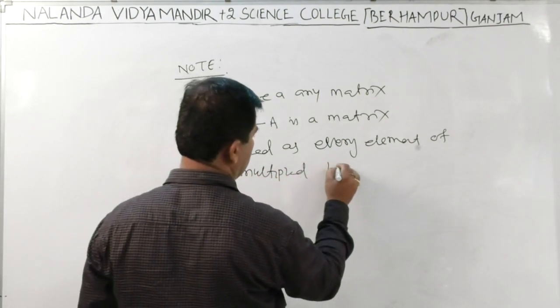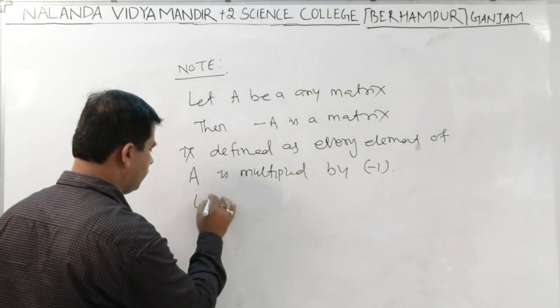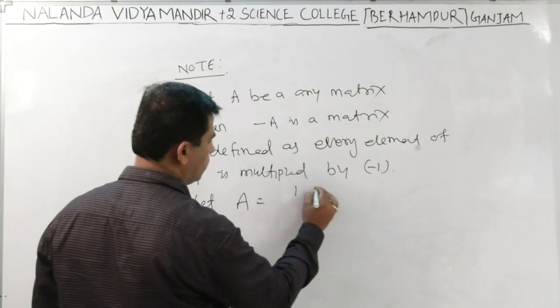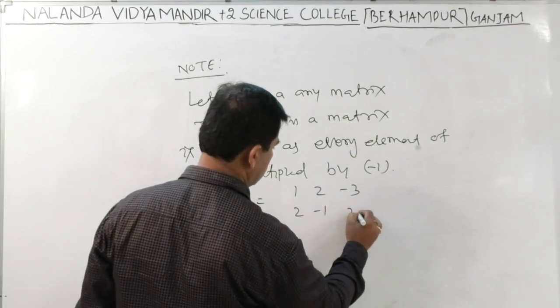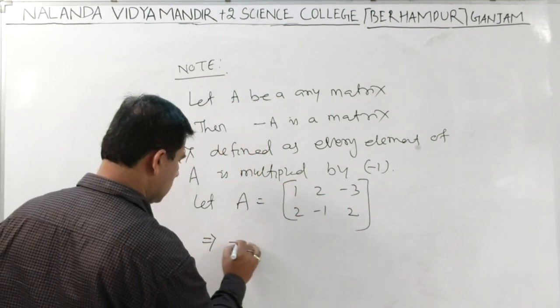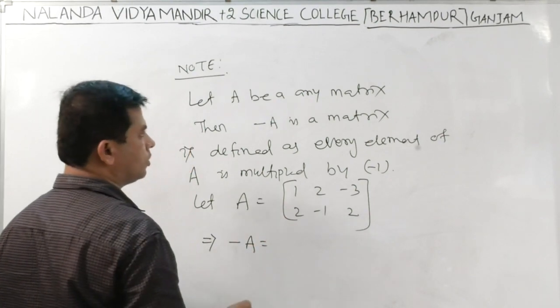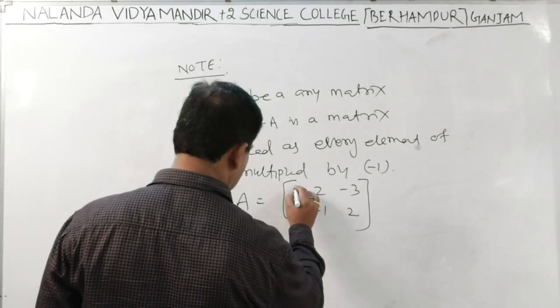Let A is equal to 1 2 minus 3 2 minus 1 2. Then minus A is equal to: here we multiply by minus 1.